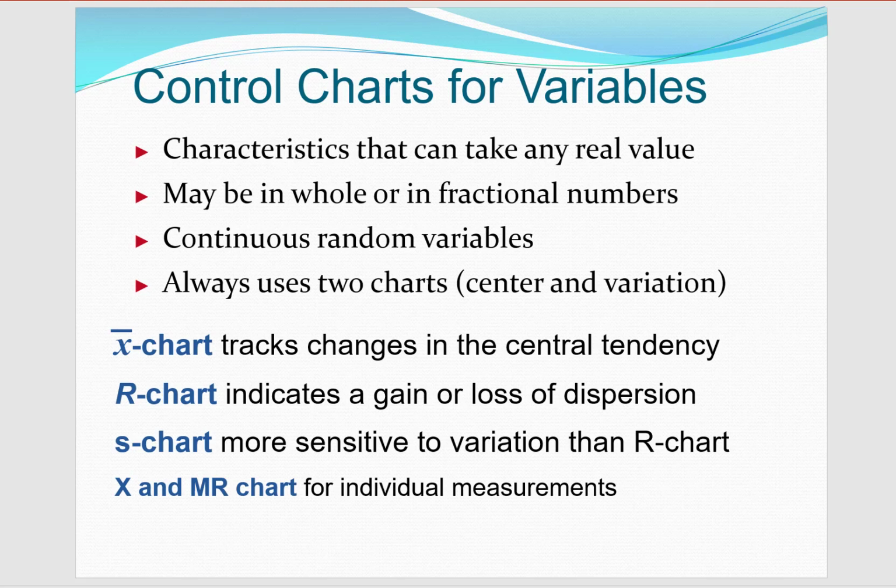Those values may be in whole or in fractional numbers, and they are always tracking continuous random variables. So there are always two types of charts that you must use in combination with each other when you are doing control charting for variable data.